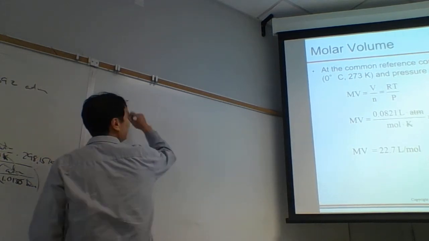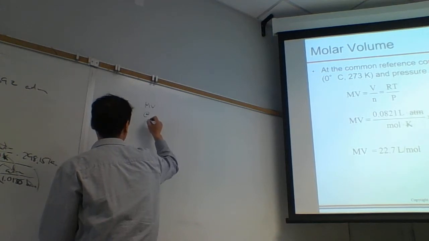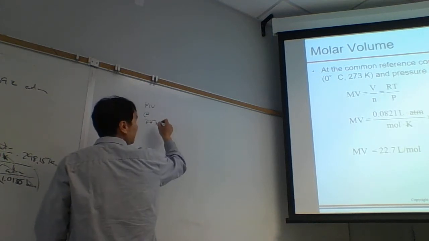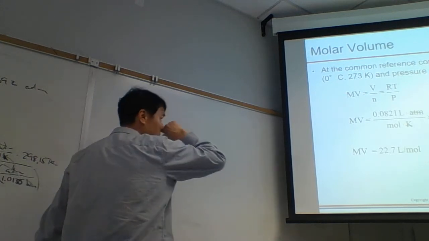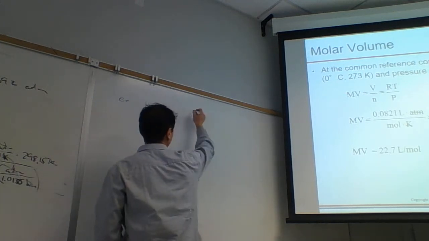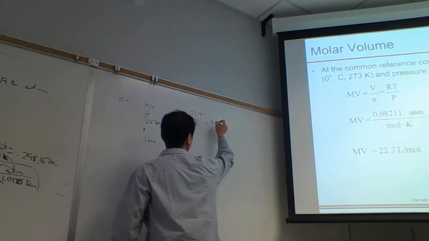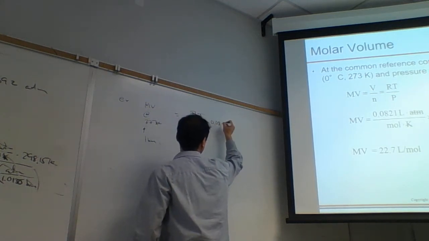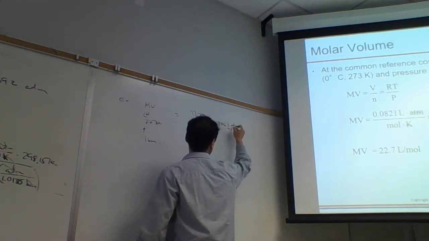And so the next example is the molar volume at 0 degrees C, which is 273 Kelvin, and 1 bar. So we're cooling it down, it should shrink. So the molar volume is equal to RT over P. So R is 0.08206 liters atmosphere per mole Kelvin.